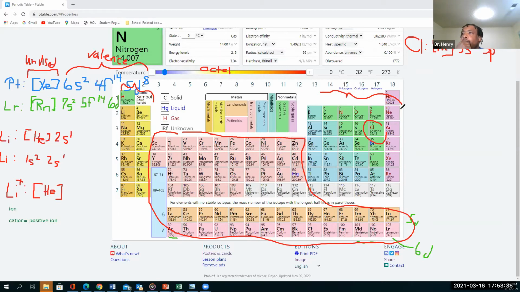How many electrons does it need to be like argon? One. It needs to gain one electron, right? So if we give it that one electron, it's going to be just like argon. So we can write it like this, or we could write it like this.